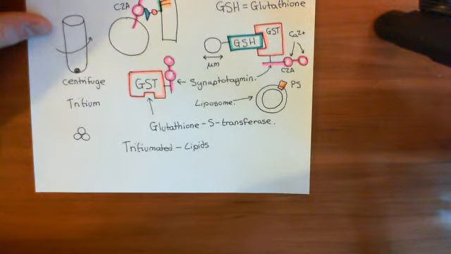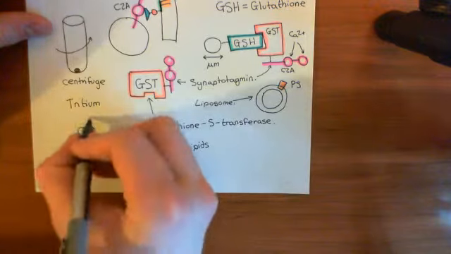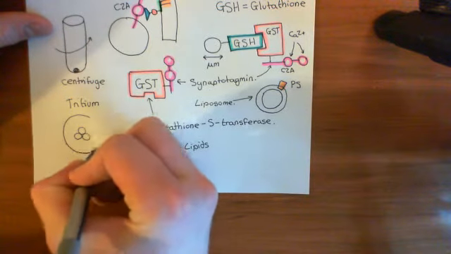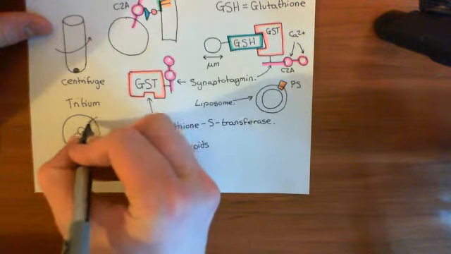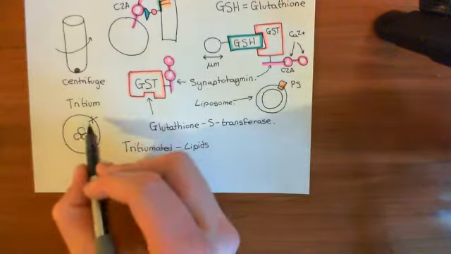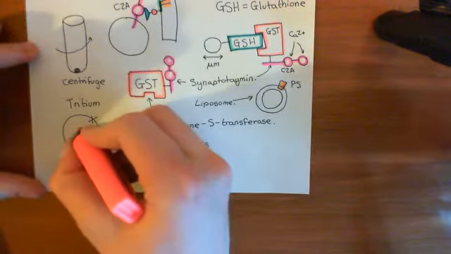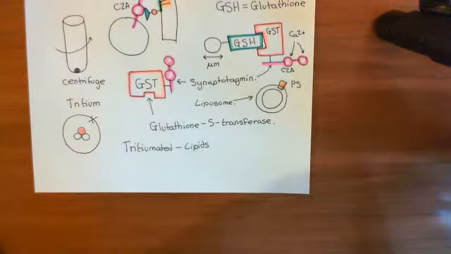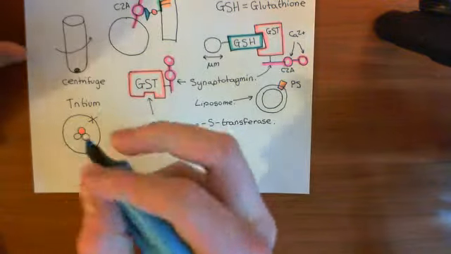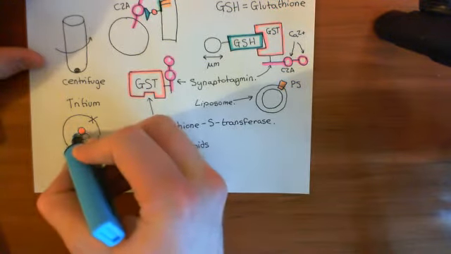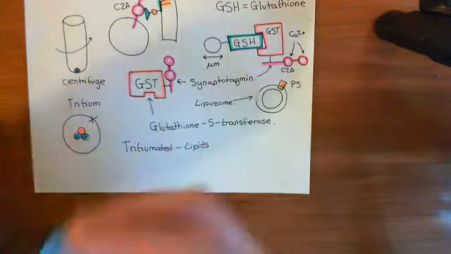Hydrogen usually consists of a proton and an electron orbiting around it. In tritium, you still have 1 proton and 1 electron, otherwise it's not hydrogen, but now you have 2 neutrons here. So these blue things are neutrons.